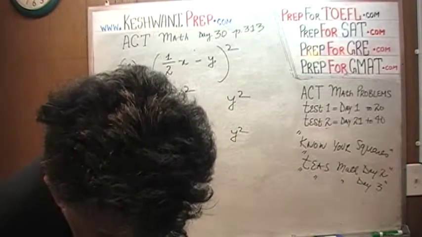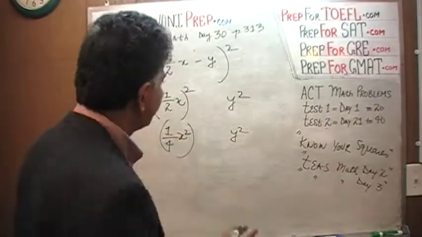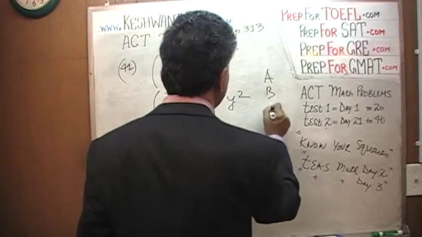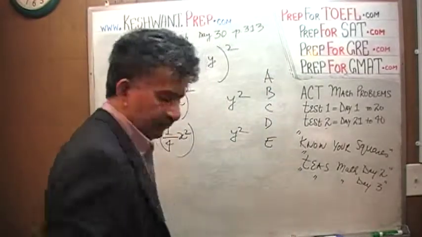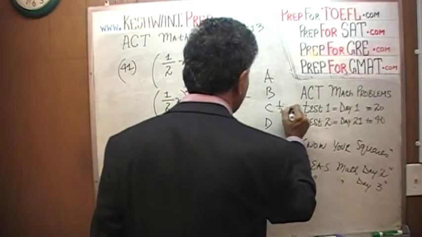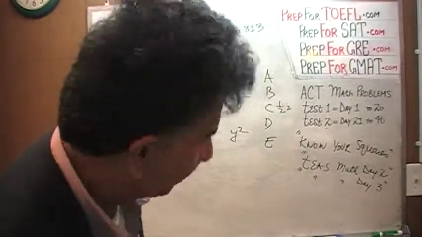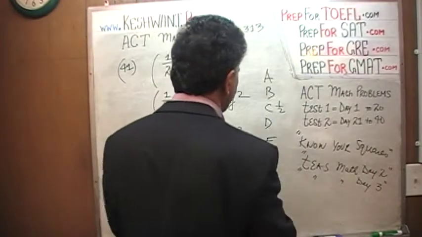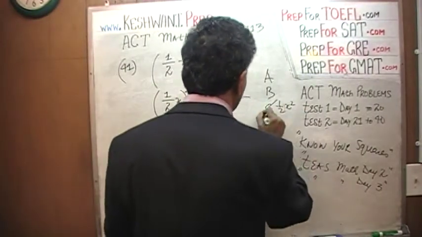Oh, there you go. D and E are not there. Neither is C. C is not the right answer because it has 1/2 x squared. It's wrong.